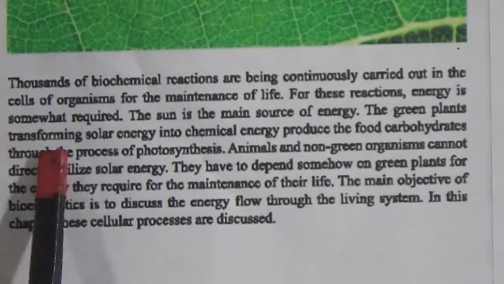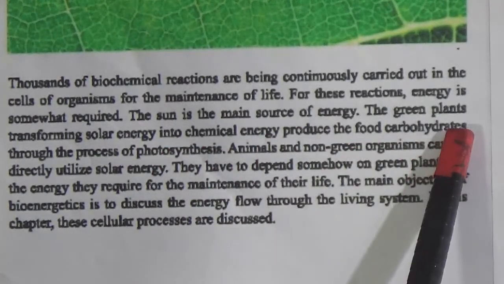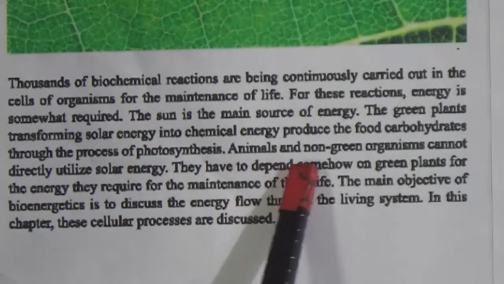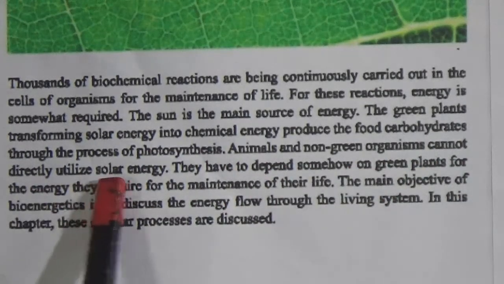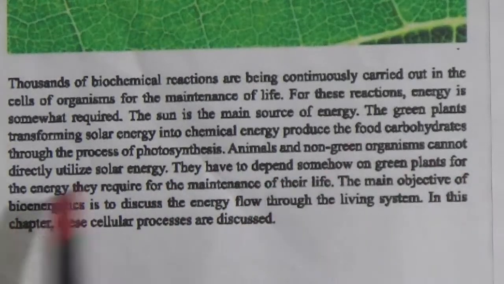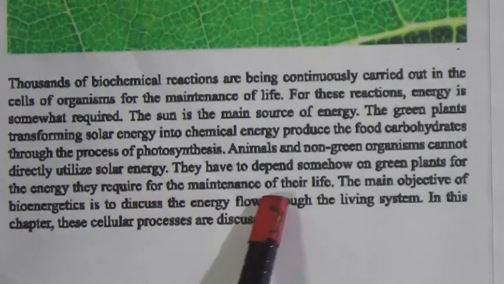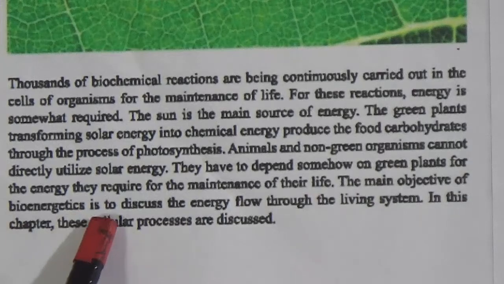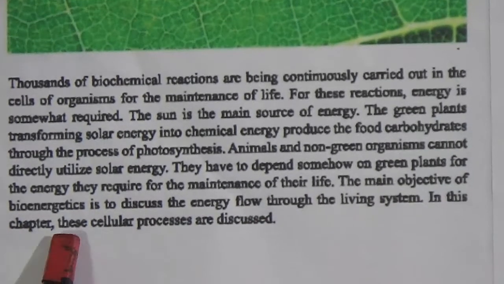The green plants, transforming solar energy into chemical energy, produce food, carbohydrates, through the process of photosynthesis. Animals and non-green organisms cannot directly utilize solar energy. They have to depend on green plants for the energy they require for maintaining their life. The main objective of bioenergetics is to discuss the energy flow through the living system in this chapter.